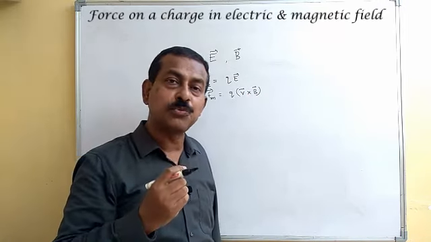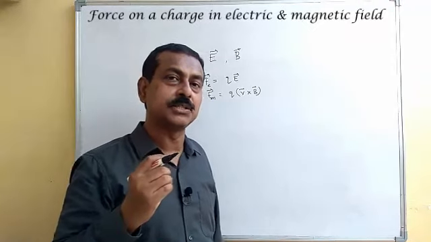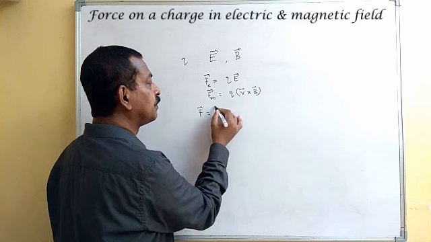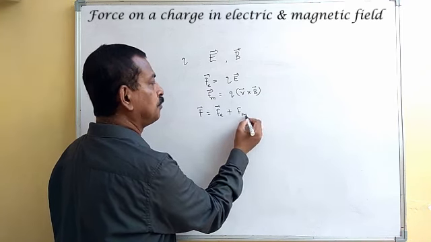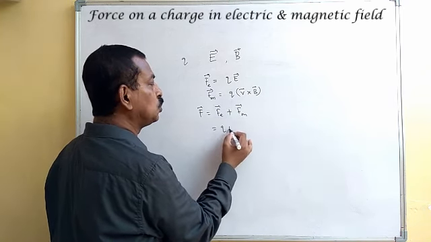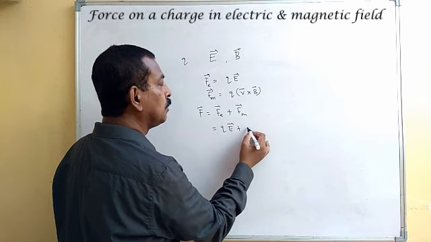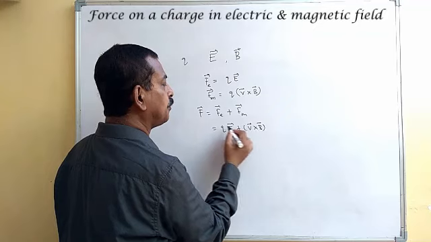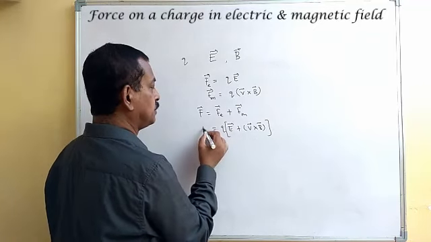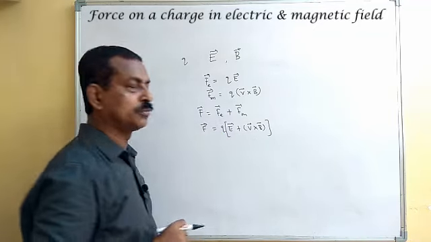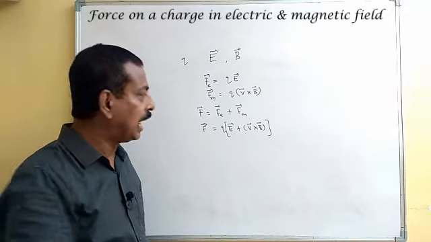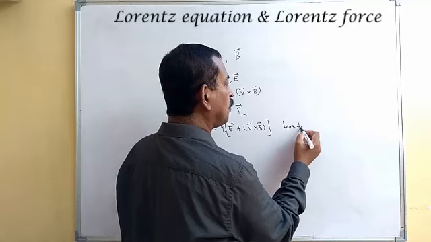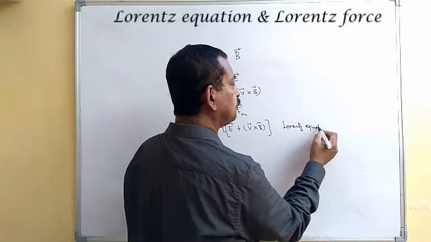So the net force experienced by the charge will be equal to Fe plus Fm, and that is Q(E plus V cross B). This is the expression for the force, and this equation we call the Lorentz equation.